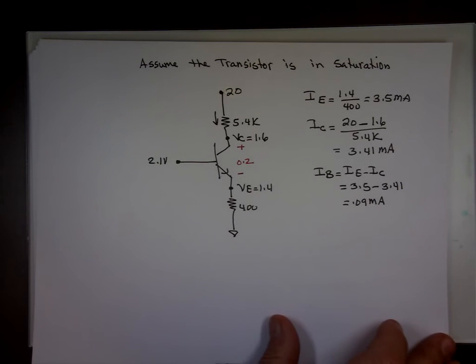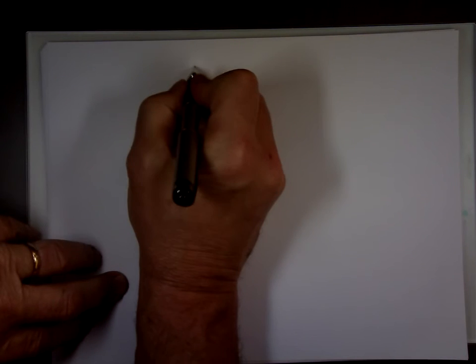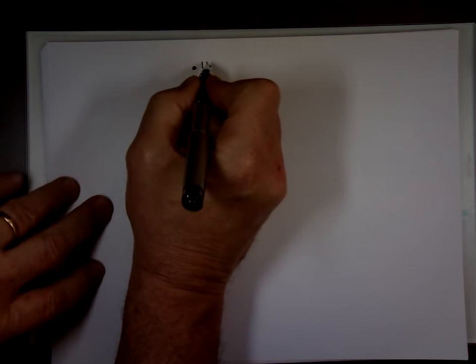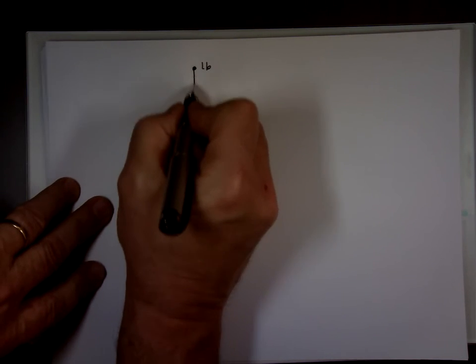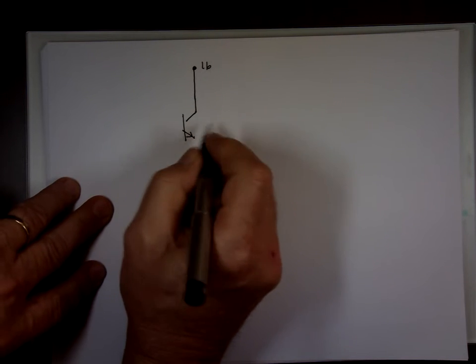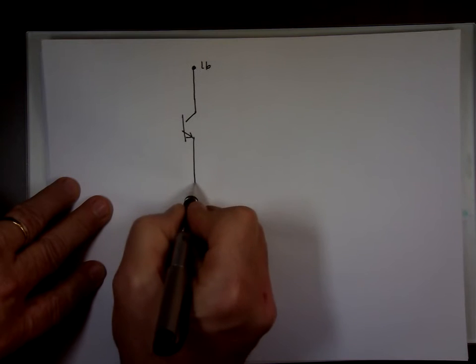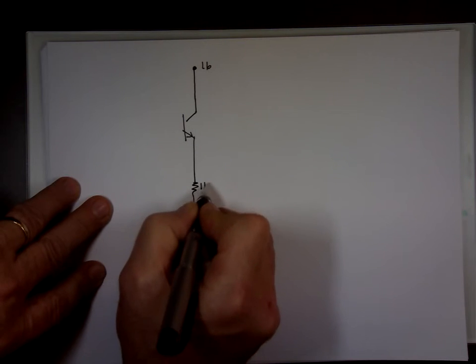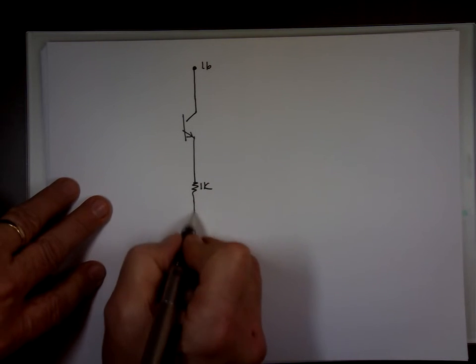Let me try a different one. Oh, let's take a fun one. Let's put a transistor within a transistor. Let's take 16 here. 1K, and that's your resistor.